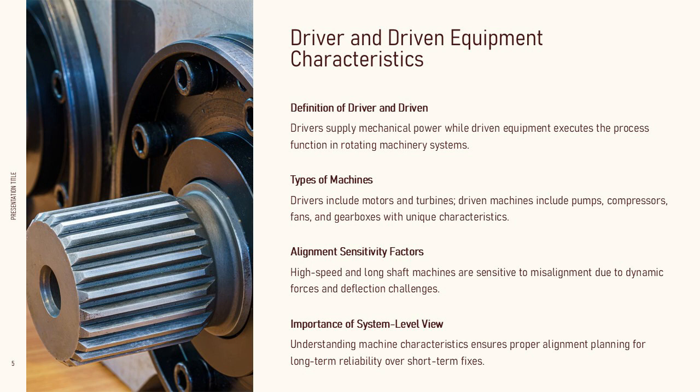Additionally, differences in machine stiffness, mass, and operating speed between the driver and driven unit can contribute to alignment challenges. Understanding the characteristics of both machines is essential for proper alignment planning, including selection of alignment tolerances, shimming strategies, and thermal growth considerations. A system-level view of the driver-driven relationship helps ensure long-term reliability rather than short-term correction.